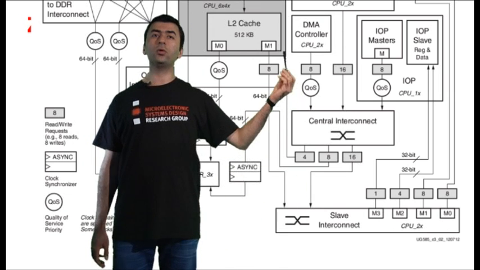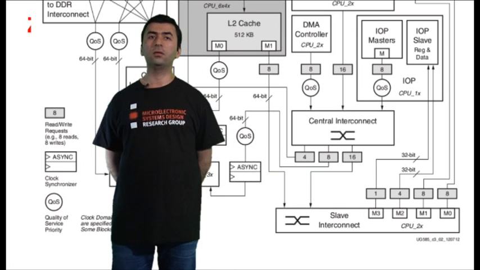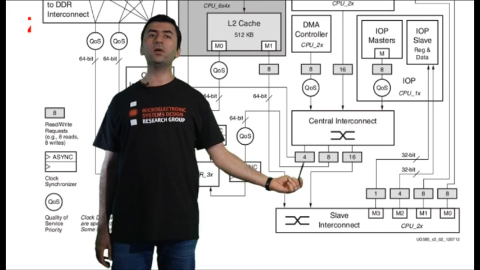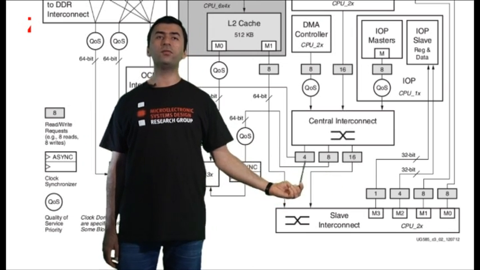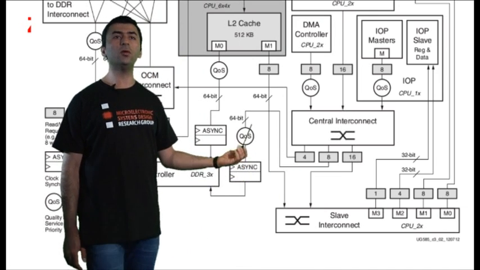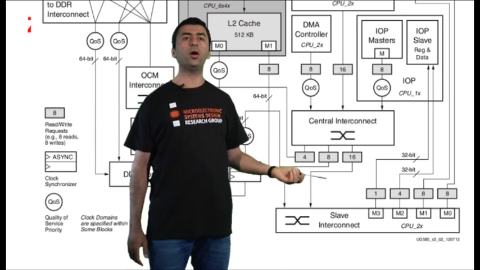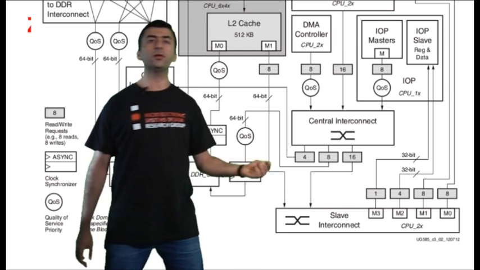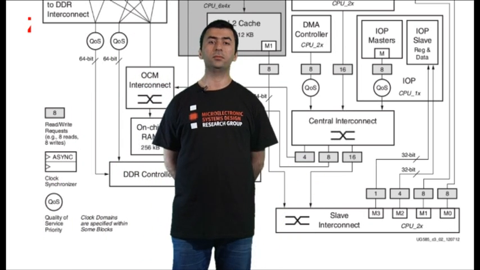The DMA controller is a master for the central interconnect, and if we follow the slave ports of the central interconnect, one of them goes to the OCM interconnect, another goes to the DRAM, and the other goes to the slave interconnect.